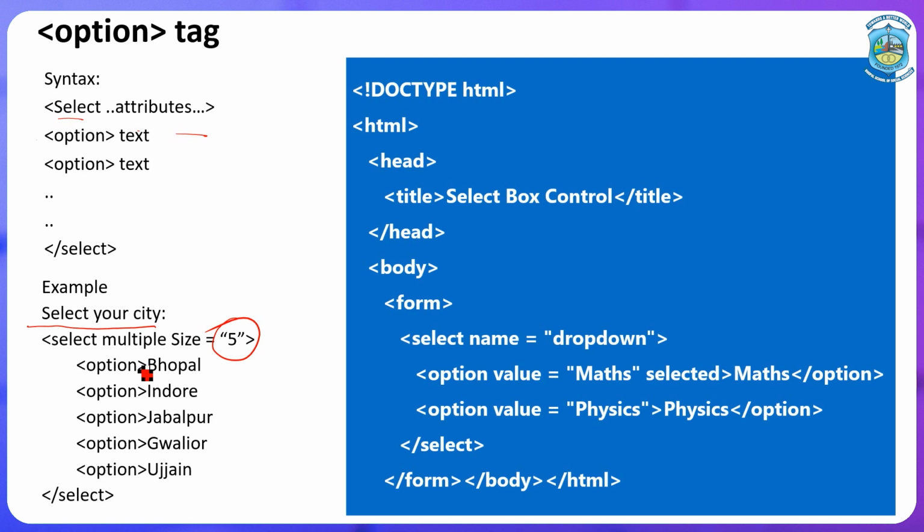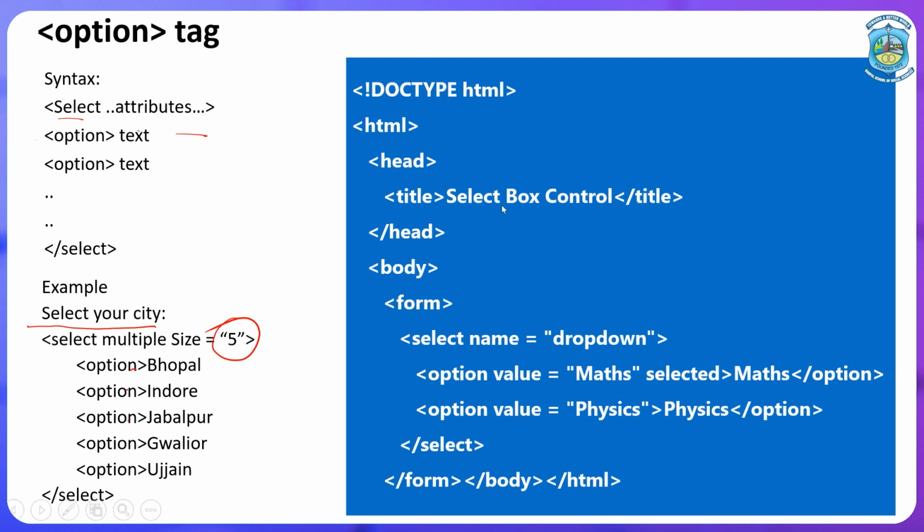So, there will be 5 option tags declared, and in each option tag I have mentioned a city name. So, the user can select any of the cities in the form.